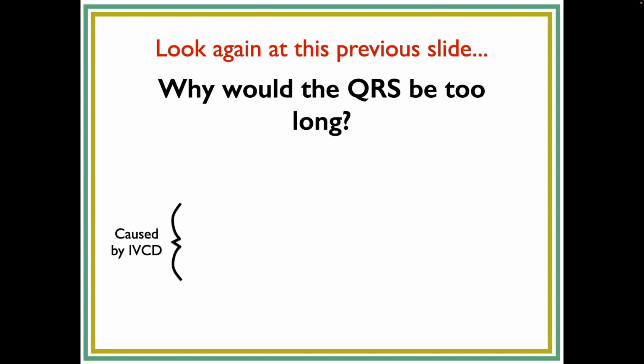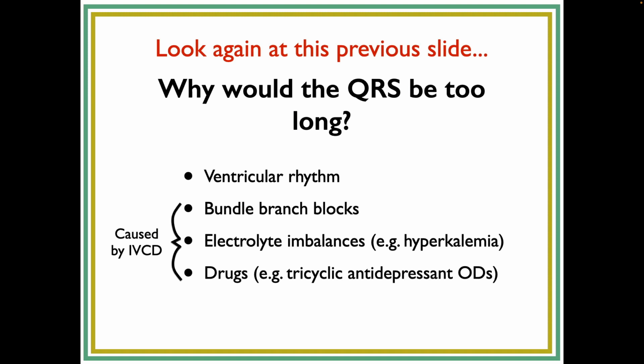Okay, so why would the QRS be too wide? When you see a wide QRS, either it's a ventricular rhythm, VTAC for example, or it's a supraventricular rhythm with an IVCD. Okay? And I know it's a complicated idea, but we're going to use it, and that'll make it a little more comfortable.